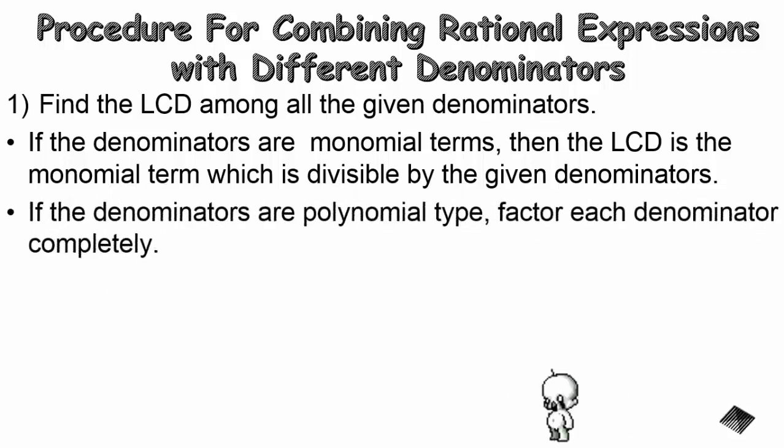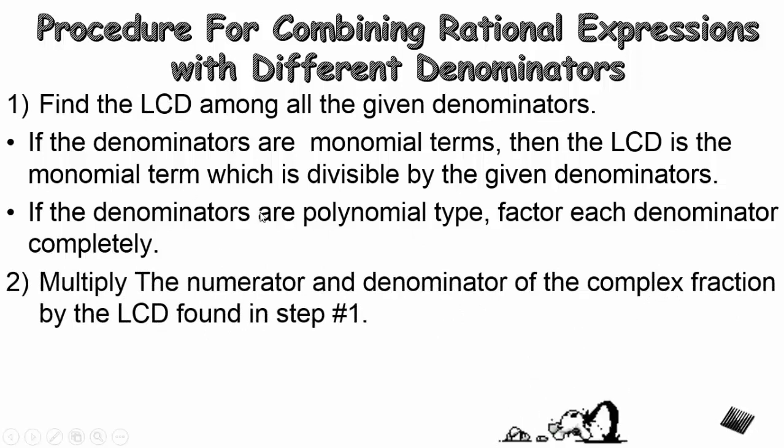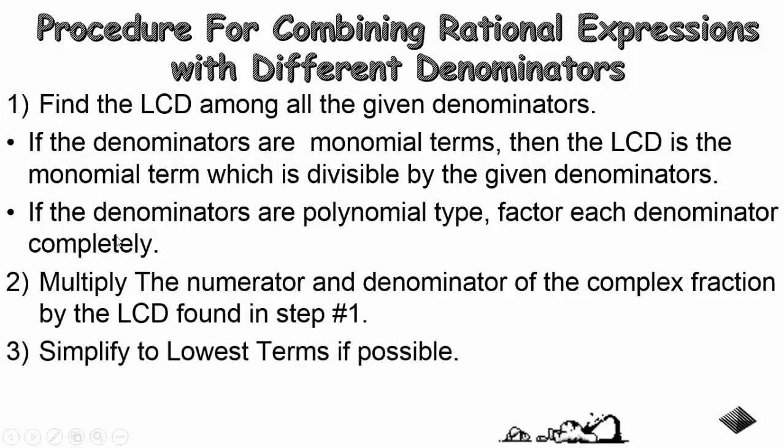And if the denominators are polynomial type, we'll factor each denominator completely. So this should be sort of a review of finding a lowest common denominator. And then we multiply the numerator and the denominator of the complex fraction by the lowest common denominator that we found in our first step. And of course, we simplify to lowest terms.